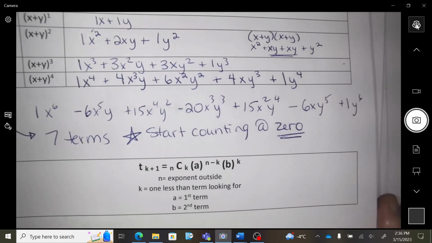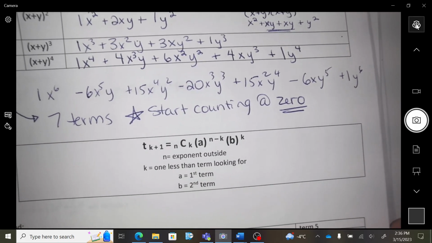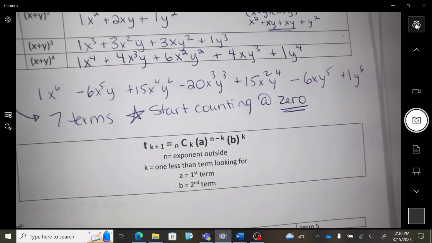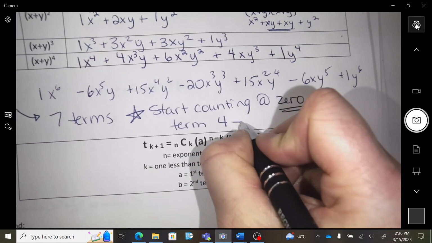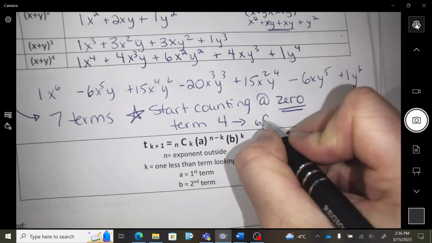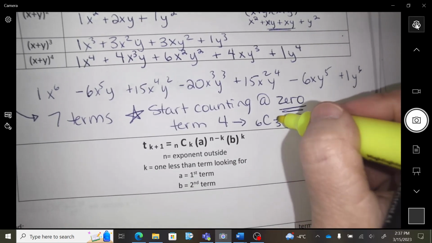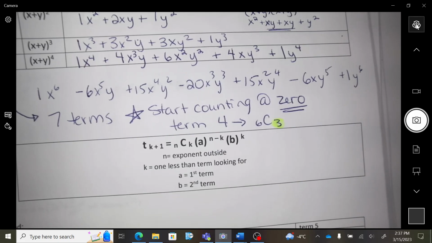So it's because of starting counting at 0 that you have 7 terms. So term 4 actually had a 6 choose 3 because I'm choosing 0, 1, 2, 3. Okay, I don't know if you can wrap your brain around that. It's kind of a little messed up.